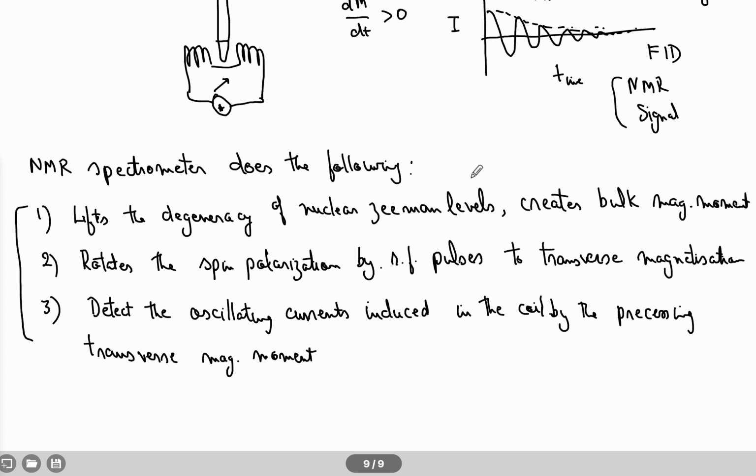So the degeneracy of the alpha and beta levels is lifted, and in other words, it creates bulk magnetic moment, rotates the spin polarization or bulk magnetic moment by applying RF pulses to transverse magnetization, and then detects the oscillating currents which are induced in this coil by the precessing transverse magnetic moment, right? So if you are able to achieve this, then you can say that you have created an NMR spectrometer. So this is the basic mechanism of how the NMR signal is generated.